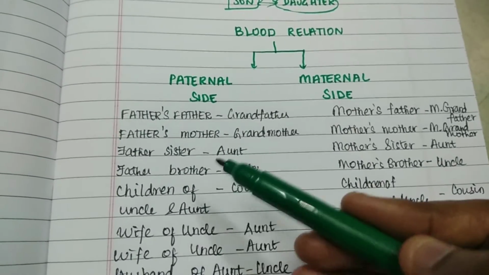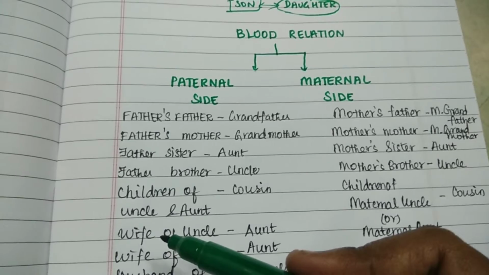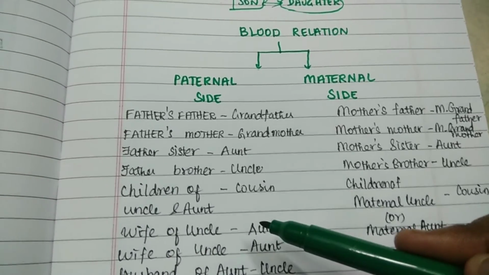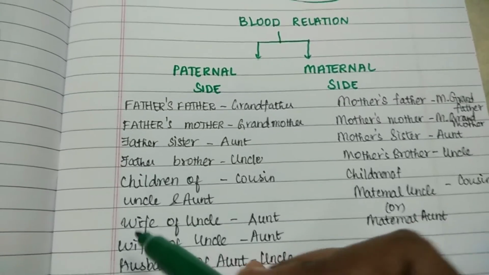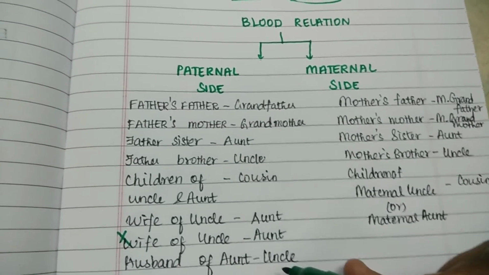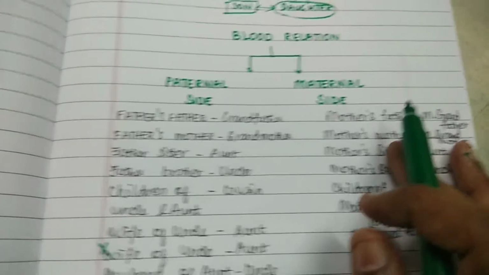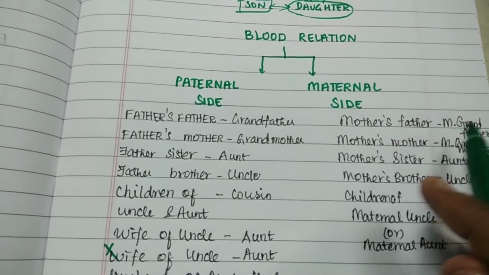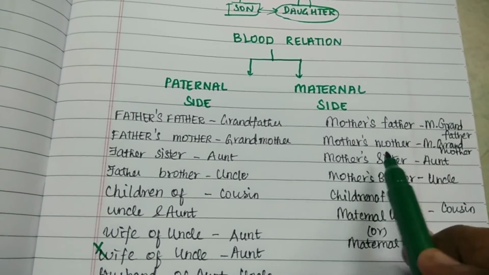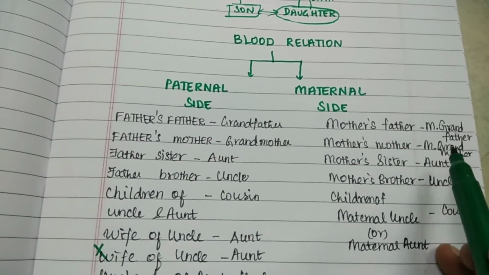Suppose your uncle is getting married. You call the new girl who's coming into your family aunt. Husband of aunt, you call him uncle. Similarly, mother's father you call maternal grandfather, and mother's mother you call maternal grandmother.